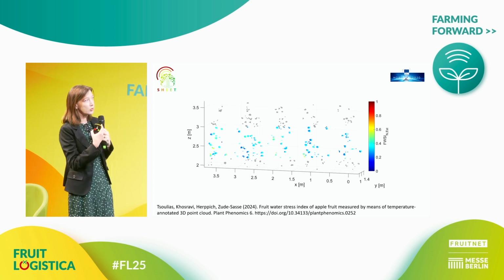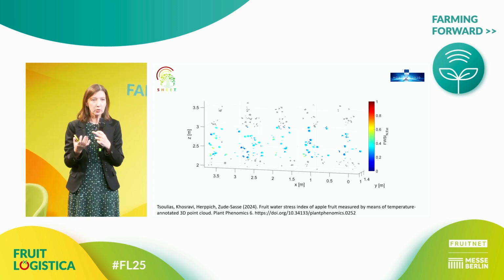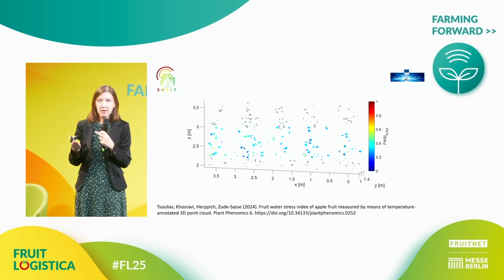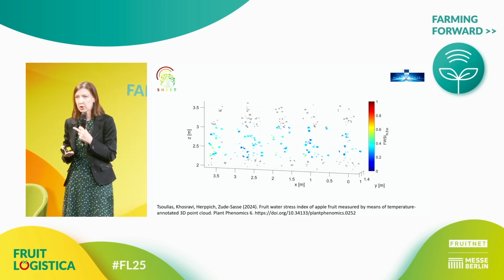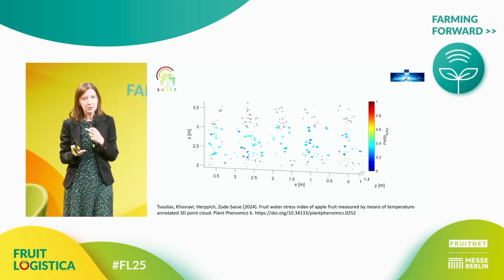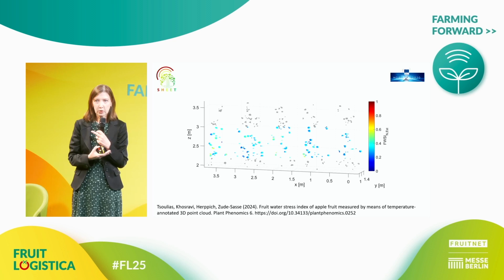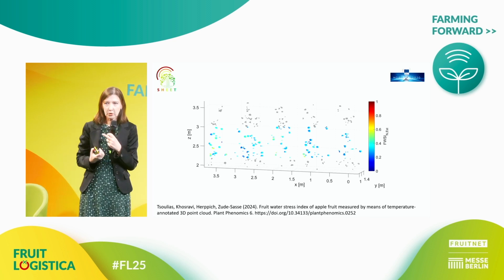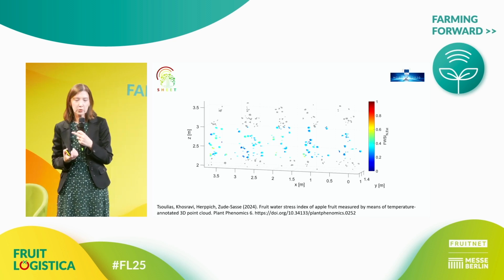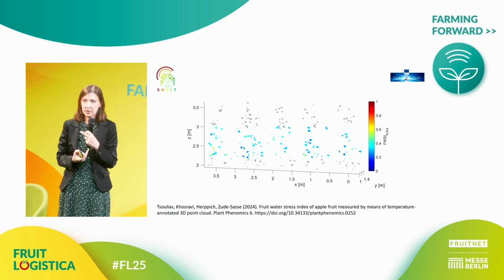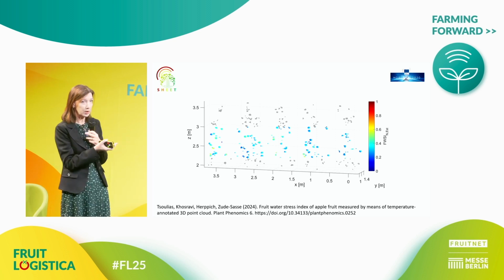And we can do all kinds of calculations, like you may know the crop water stress index, where we consider the highest and the minimum temperature in the crop to say if it is stressed or not stressed. And here we can do the same with the fruit. So we pick out the coldest fruit and we pick out the hottest fruit, and then we calculate this fruit water stress index. So that could be done in 3D.